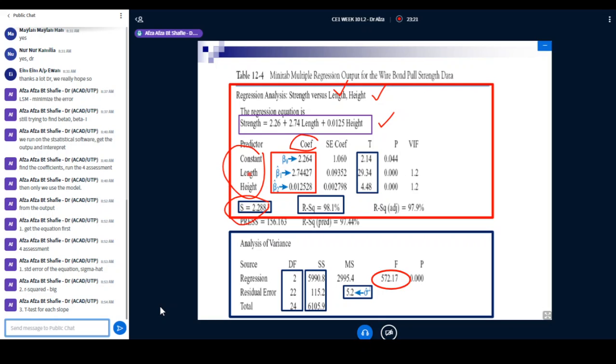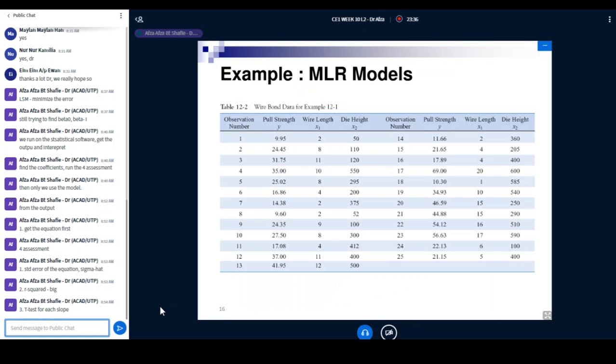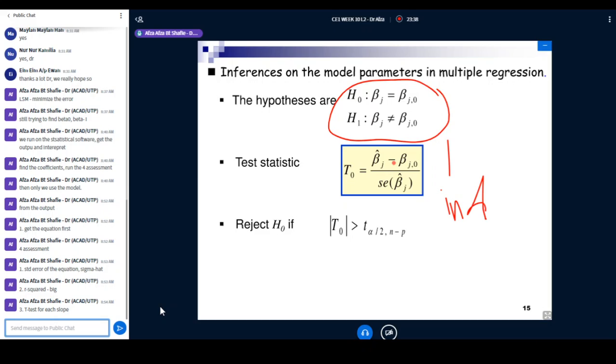What's the t statistic? The t statistic is basically the coefficient 2.74427 divided by the standard error. This is the formula: beta j hat minus beta j, over the standard error.